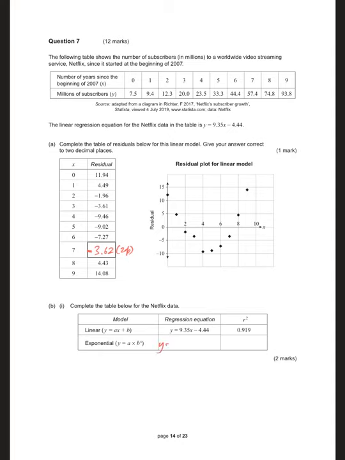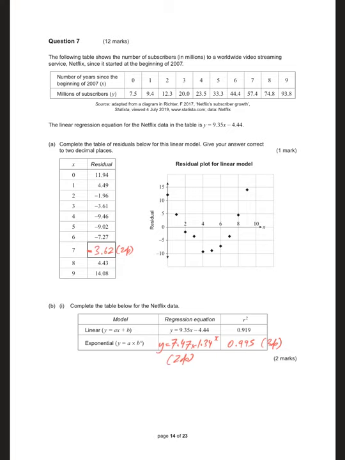So y is going to be 7.47 times b, 1.34, to the power of x. And that's to 2 decimal points. R squared is 0.995 to 3 decimal points.